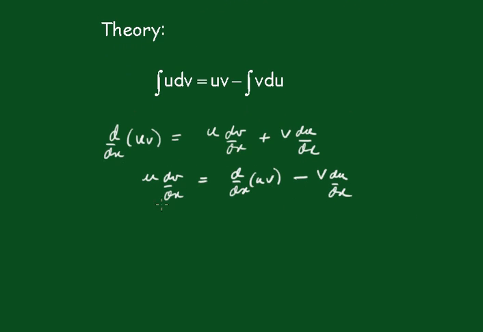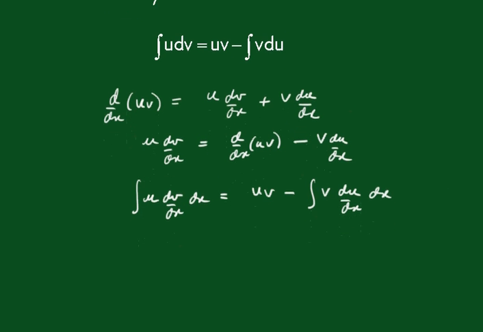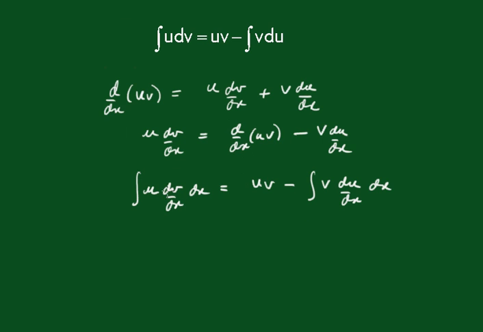Now, we integrate both sides with respect to x, so the integral of u dv/dx equals, now we integrate that, we're just going to get uv minus the integral of v du/dx. Now, for convenience sake, we just replace that with the integral of u dv equals uv minus the integral of v du, just to make it easy to remember.